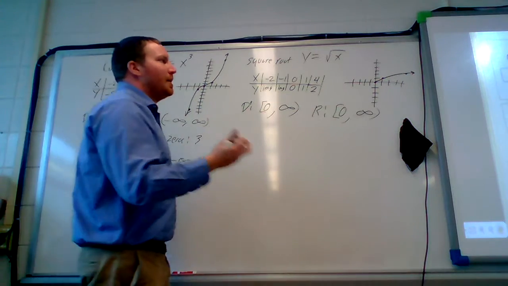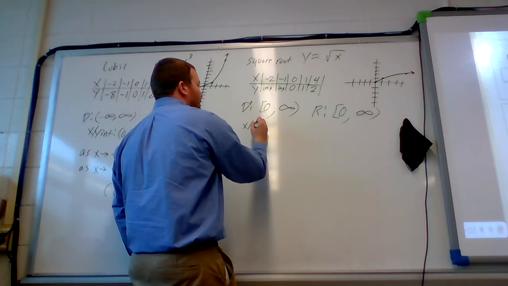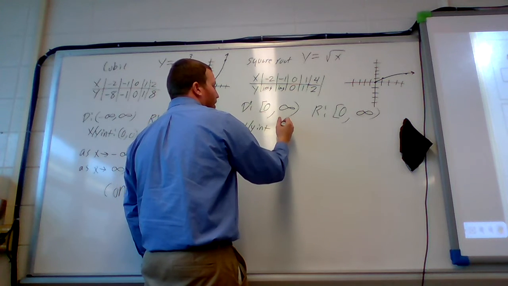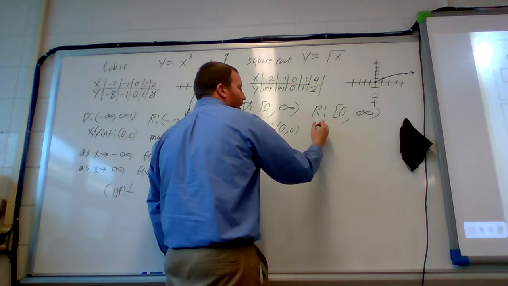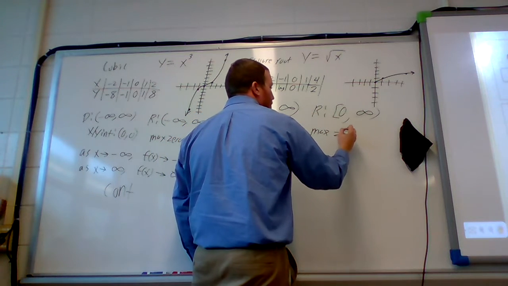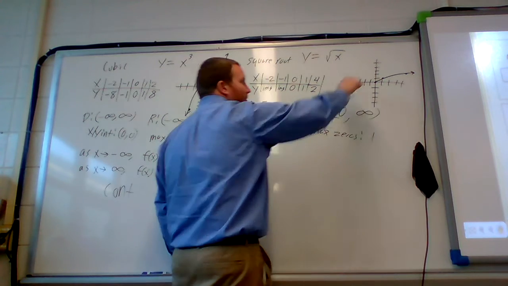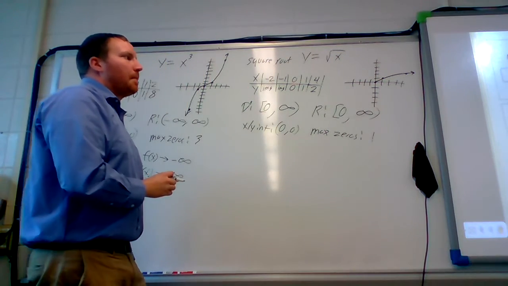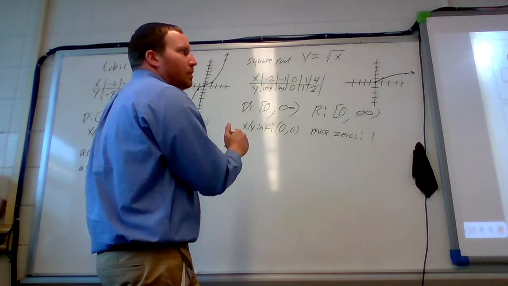So our intercepts, the x and y intercepts, are going to be the same thing, 0, 0. Our maximum zeros, 1. We can only ever cross that x-axis one time. And then our end behavior.